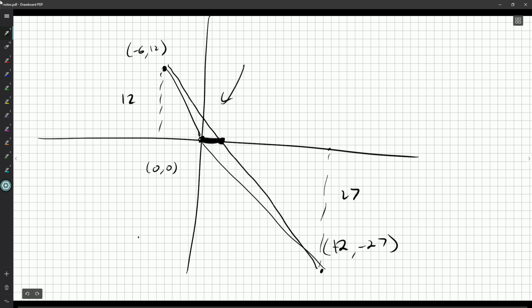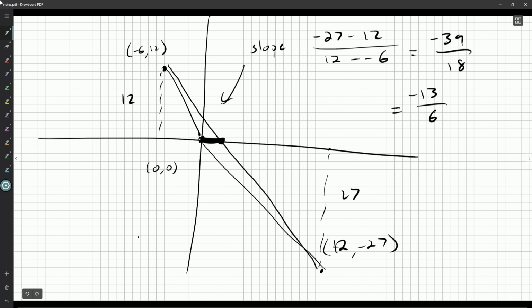So this line here has a slope of negative 27 minus 12 over 12 minus negative 6. So that would be negative 39 over 18, divided by 3, so negative 13 over 6.